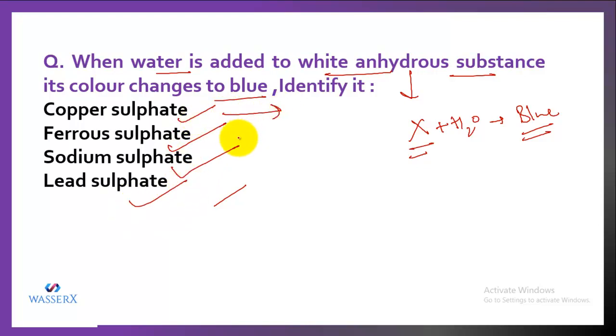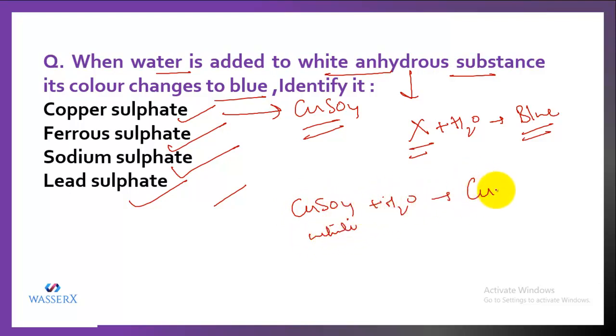It is copper sulfate. CuSO4 is the correct option because anhydrous copper sulfate is white in color, but when we add water to it, it becomes copper sulfate pentahydrate. That means it possesses a blue color.